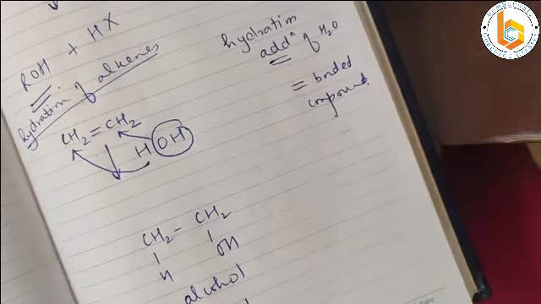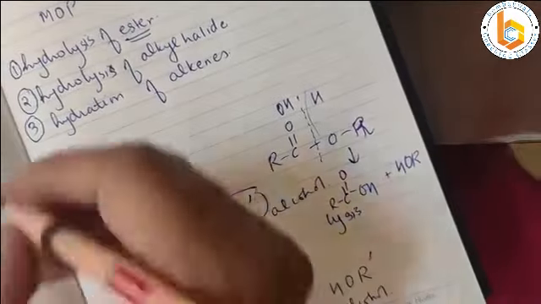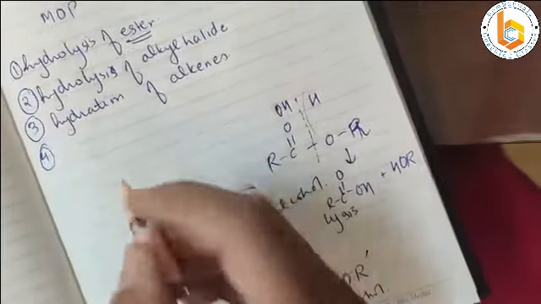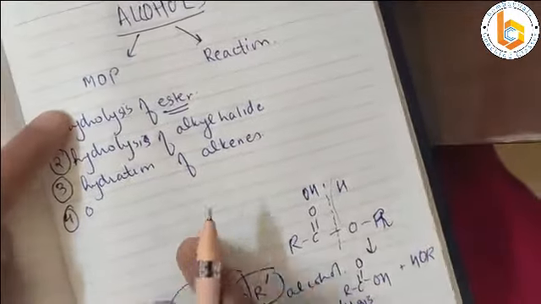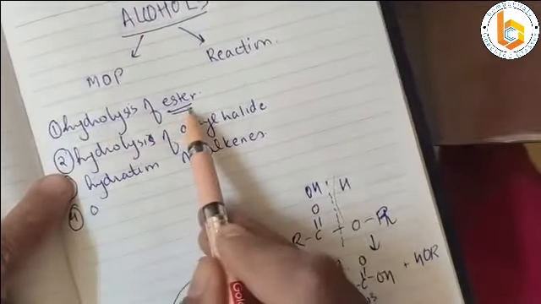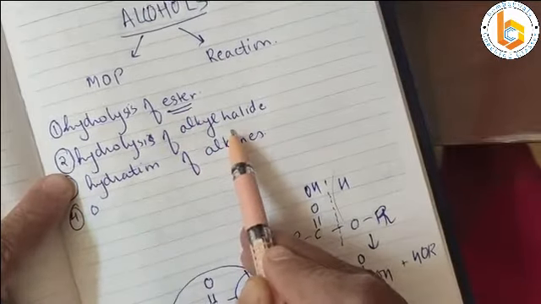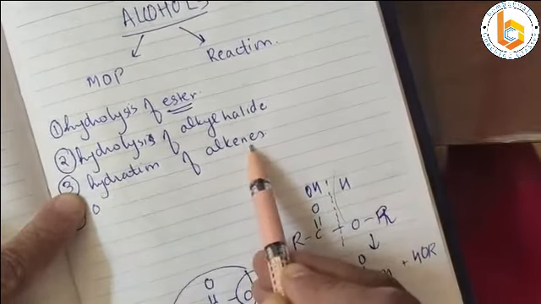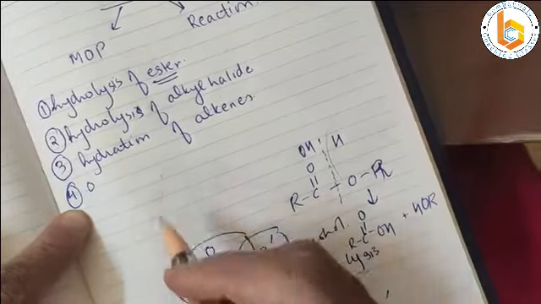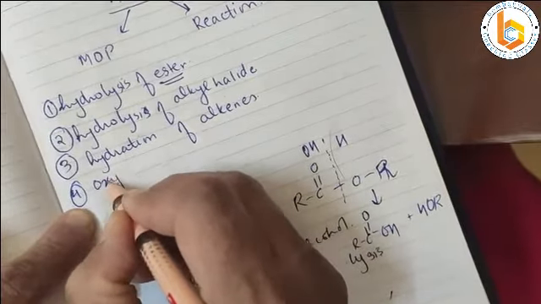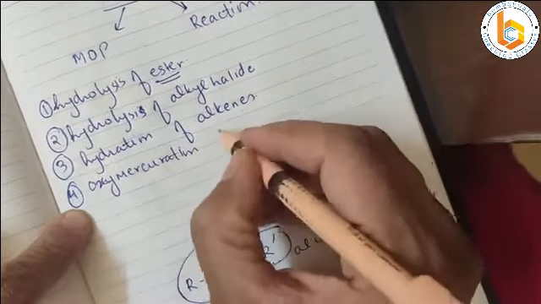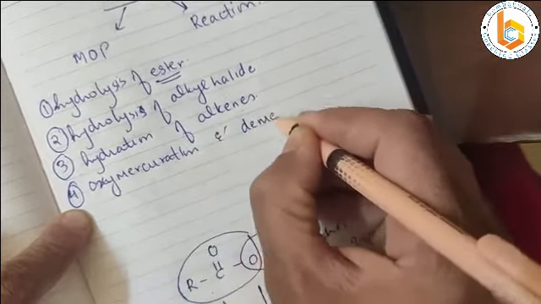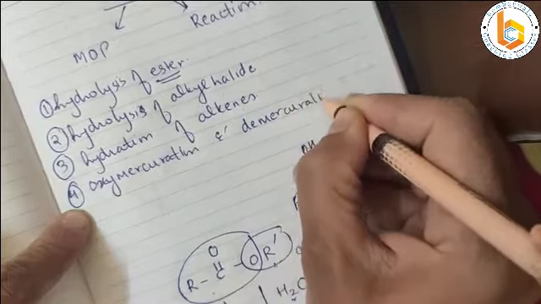alkenes, which is very important, is oxymercuration, demercuration. We are talking about the list of methods of preparation. We have already seen hydrolysis of esters, hydrolysis of alkyl halide, hydration of alkenes, and now we are moving on to oxymercuration and demercuration.